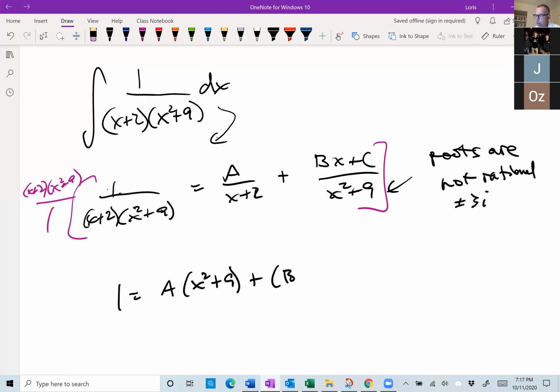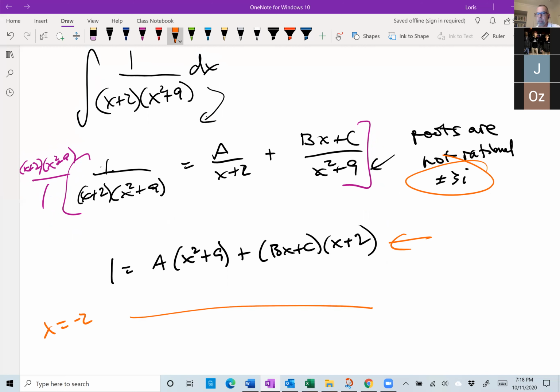The other roots would be 3i and negative 3i, and you don't really want to plug that in. So you plug in negative 2, you get something, and then you start plugging in numbers that are not roots, like 0, like we did last time, or 1 or negative 1, and A, B, and C will come out, no problem. Once again, there are other ways to do this problem, but this is the way I like to do it. Unless you're really confused, I don't want to show you another way. It might confuse you more if you understand it this way.